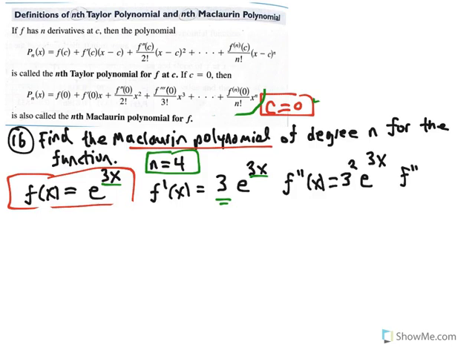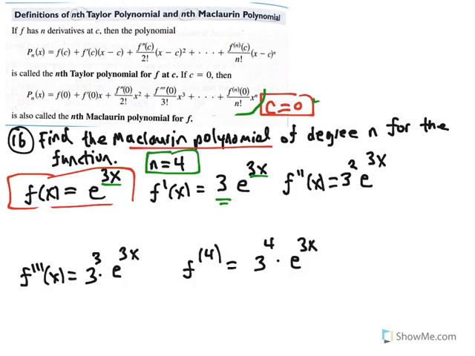And then f triple prime of x, which would be 3 cubed times e to the 3x. And of course, the fourth derivative of the function evaluated at x would be 3 to the fourth times e to the 3x.